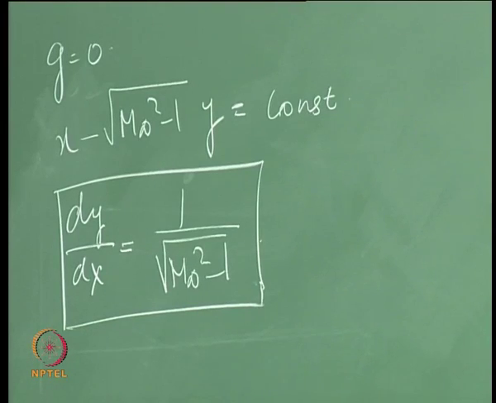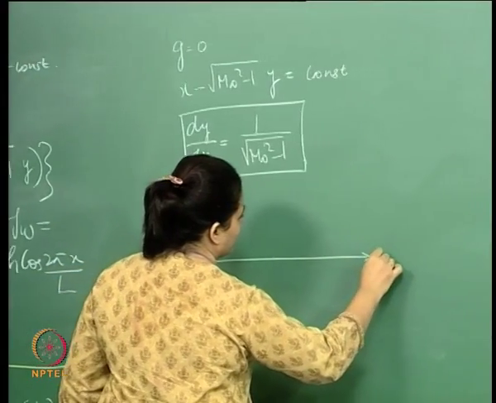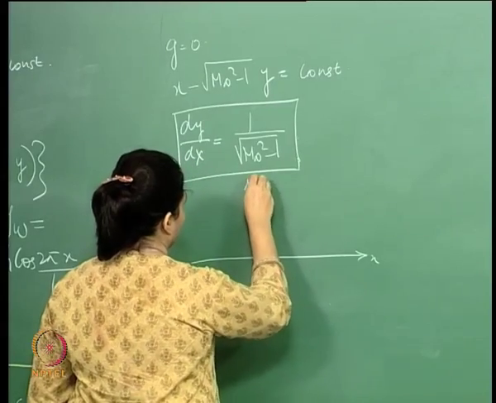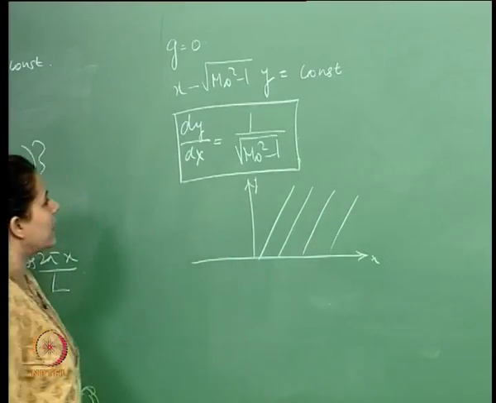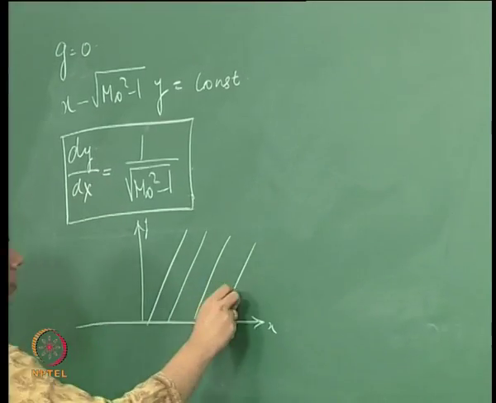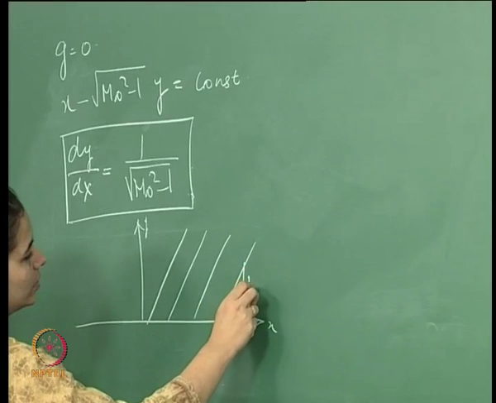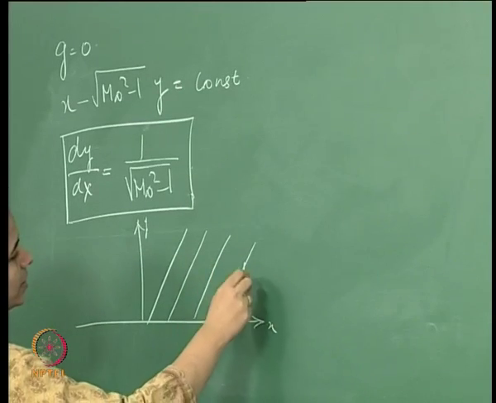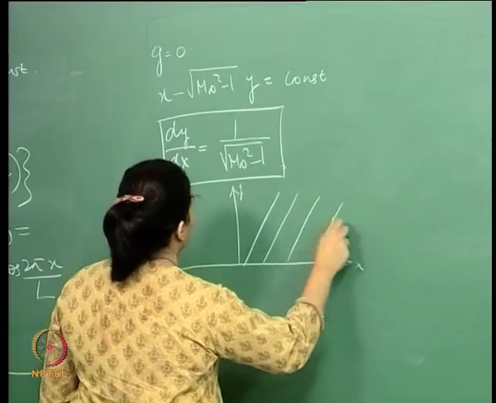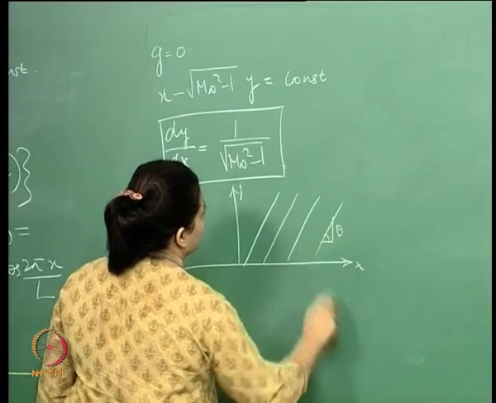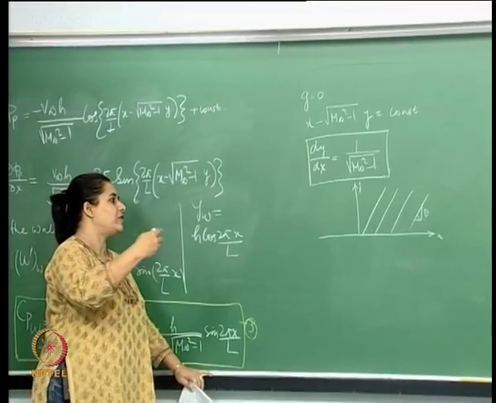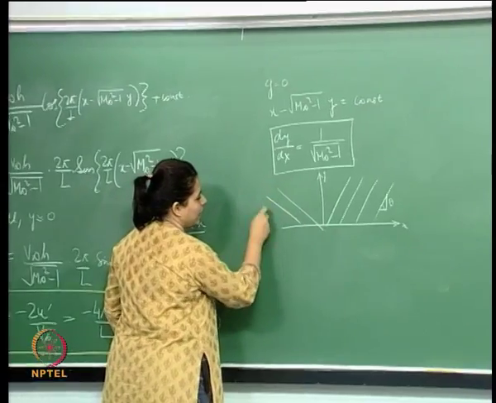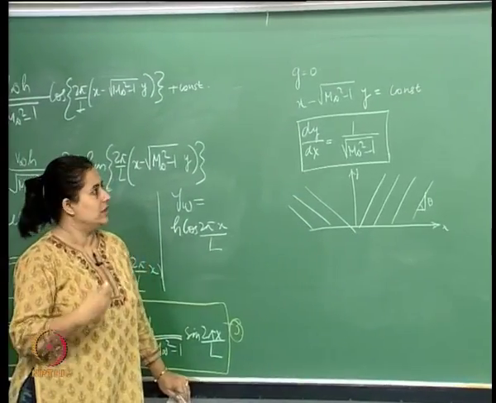Essentially we are going to get these lines which have a slope of dy by dx given by this. Let's say this is theta. So these are the right running characteristics we will get, and if you put f equal to 0, we will get the left running characteristic. This is something that we did earlier on.